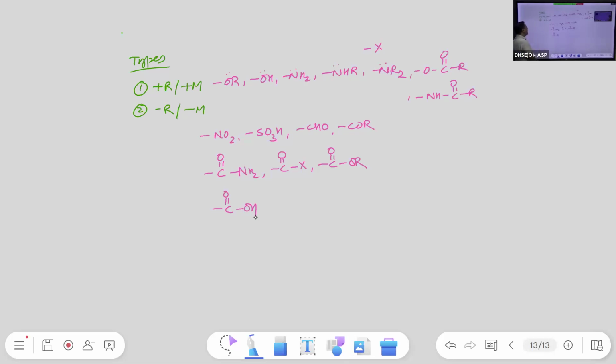So after writing the resonance yourself, you can know: if the atom or group acquires positive charge, plus R; if the atom or group acquires negative charge, then minus R.